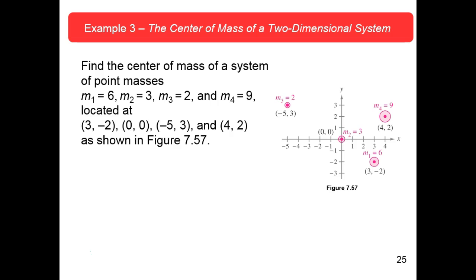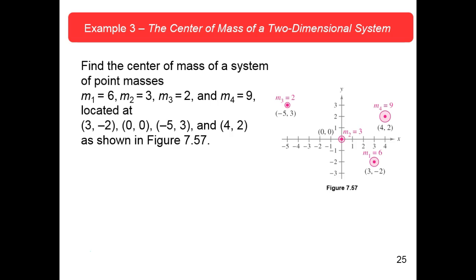I think we'll probably be able to do this one in our heads. Center of mass, system of point masses, and these are where they're located. Those are the masses, and the relative sizes are shown by the size of the circles. The smallest mass is M3, the biggest mass is M4.